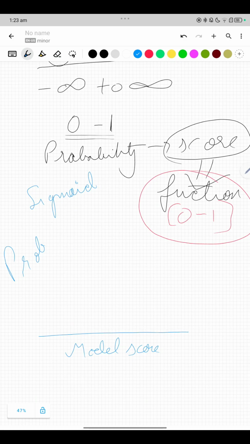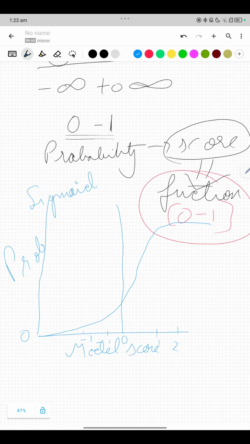You have 0, right, and you have positive values on the right hand side, the negative ones on the left, and this is your probability. So the function actually looks like this, right? This is your 0 for your y-axis, and this is your 0 in the middle. On the right you have positive values 1, 2, 3, and on the left hand side you have -1, -2, right?